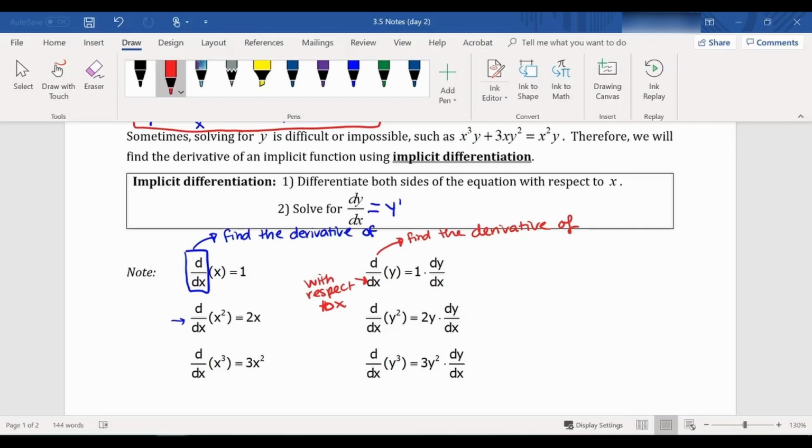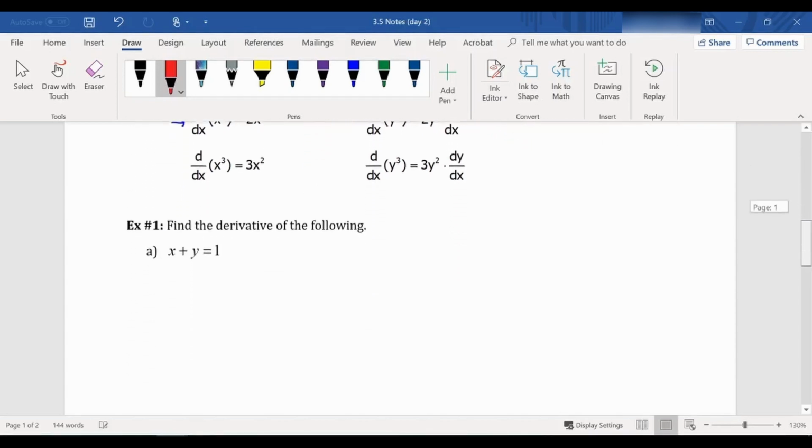The questions can get very messy, and often you can't actually simplify it very far. So just be aware, if you are deriving a different variable with respect to x, you must include this. This is not optional. Okay, so let's try one.